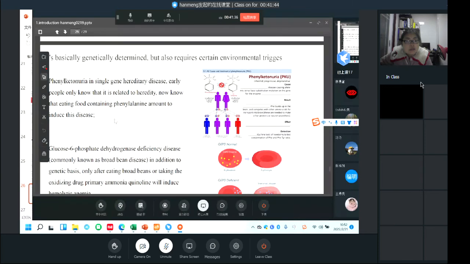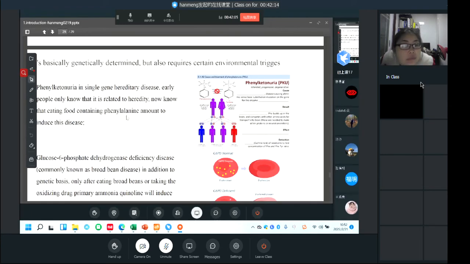And also there are some diseases basically genetically determined, but also requiring certain environmental triggers. For example, the phenylketonuria disease, a single gene hereditary disease. Early people only knew that it is related to heredity. Now, humans know that eating food containing phenylalanine can induce this disease.